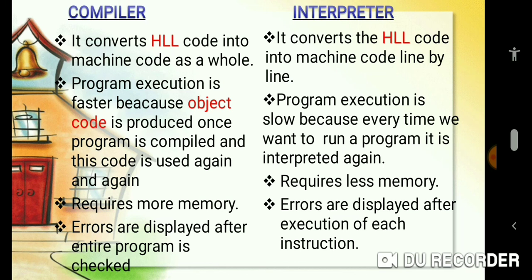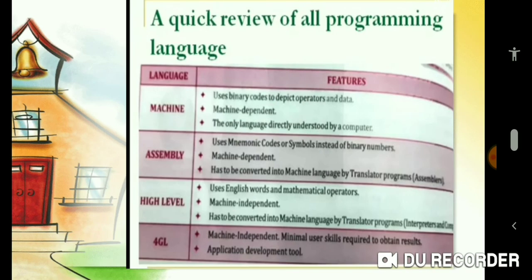In compiler, errors are displayed after the complete program is compiled. But in interpreter, errors are displayed line by line, and interpreter doesn't go to the next line if there is an error in the program. When we remove the error, then only interpreter goes to the next line. Next, students, let's have a quick review of all programming languages.